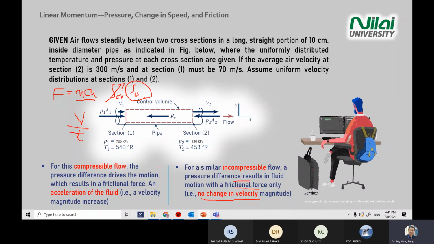Okay, the key difference is the velocity magnitude. If you are compressible, then you have acceleration, meaning the velocity inside the system will increase. However, if you have an incompressible case, then velocity 1 will equal velocity 2. There will be no acceleration of the velocity.